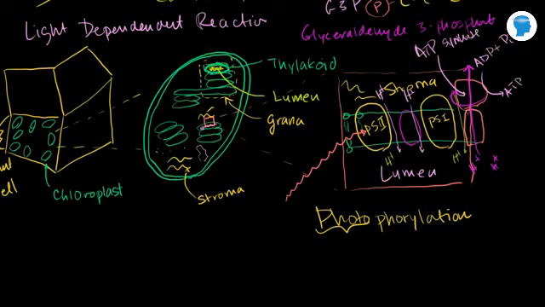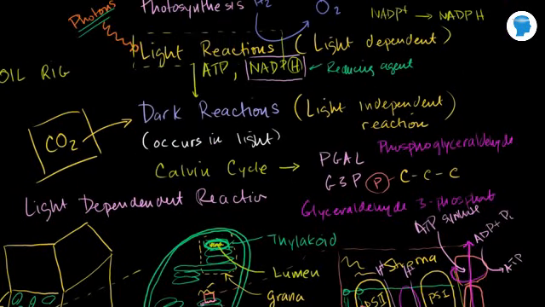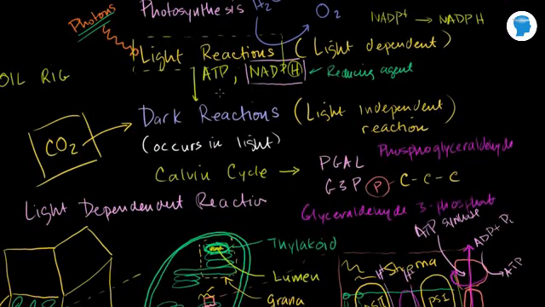Now, when I originally talked about the light reactions and the dark reactions, I said the light reactions have two byproducts. ATP, and also NADPH. Actually, it has three. NADP is reduced. It gains these electrons and these hydrogens. So where does that show up?